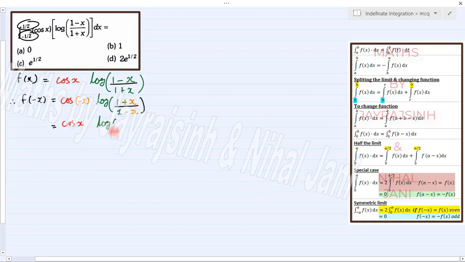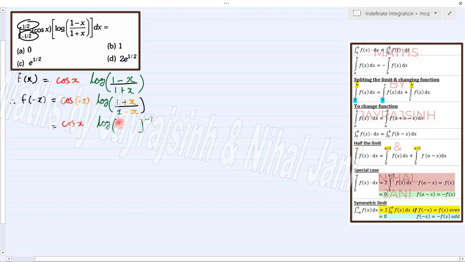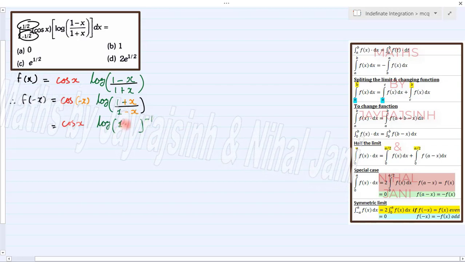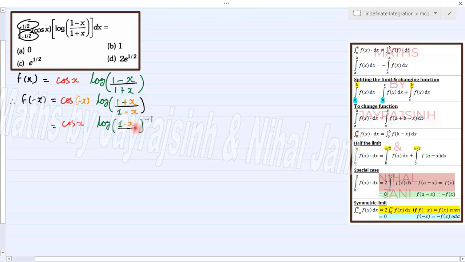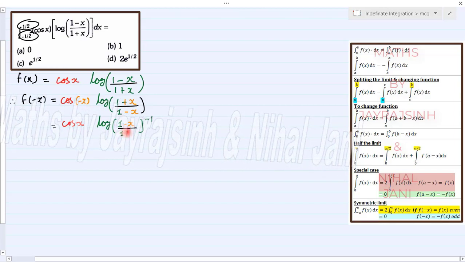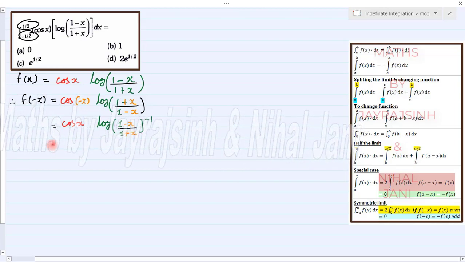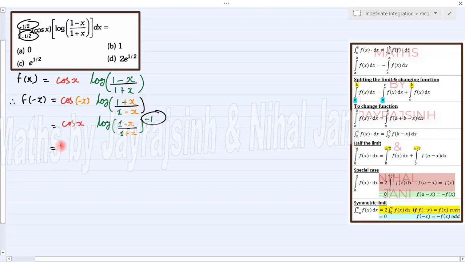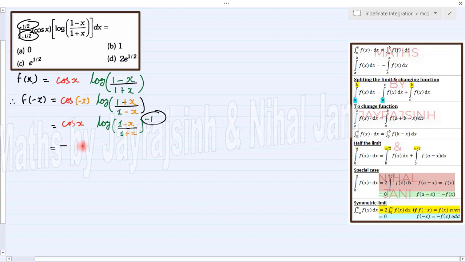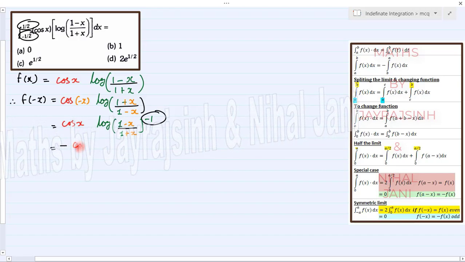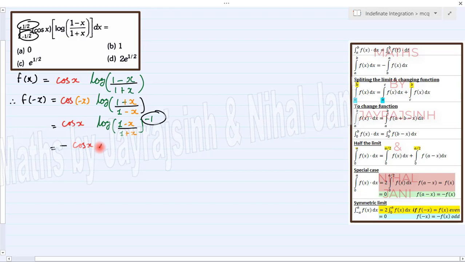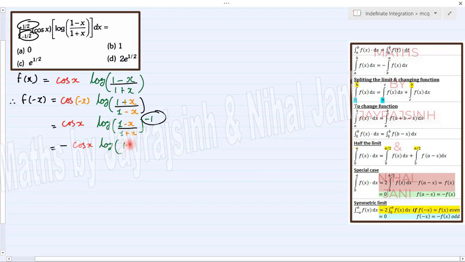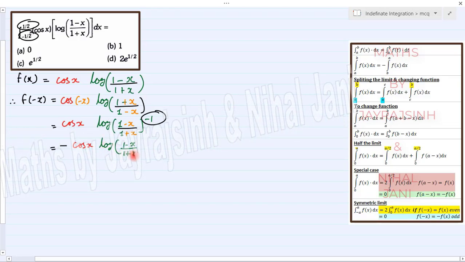So we can say here we have log of the inverse of (1 minus x) upon (1 plus x). And according to the property of log, this minus sign will go within the multiplication of log. So here we'll get minus cos x into log of (1 minus x) upon (1 plus x).